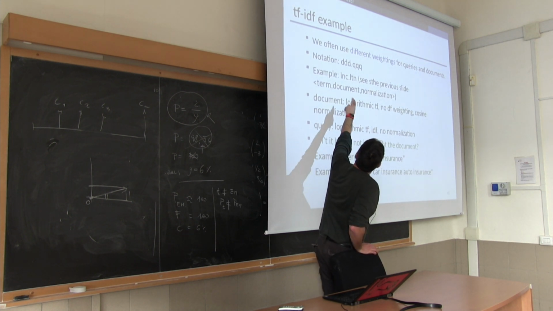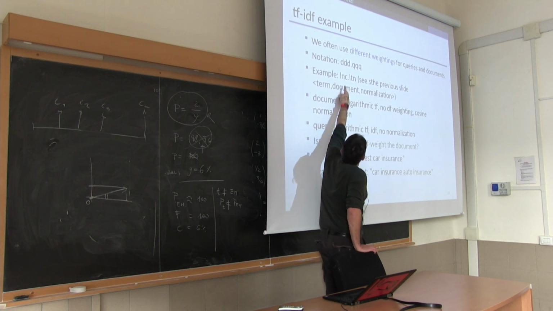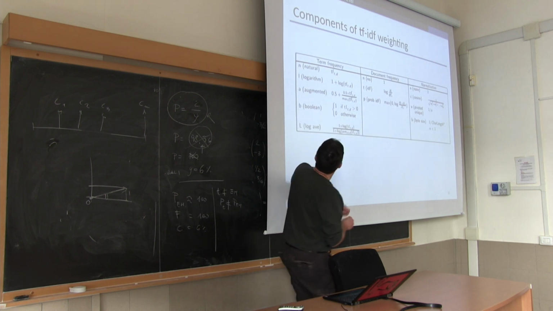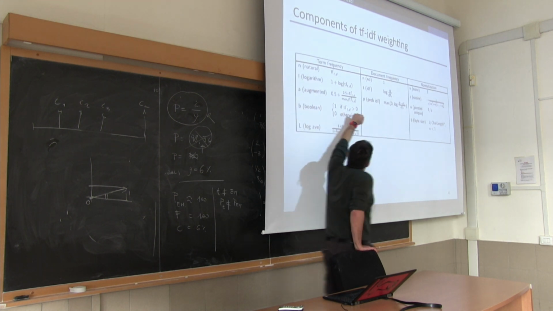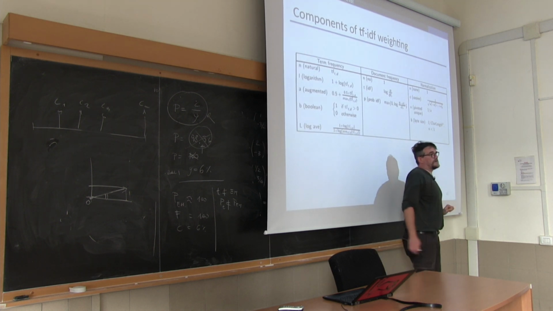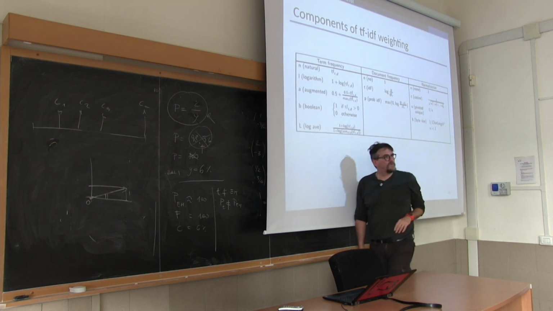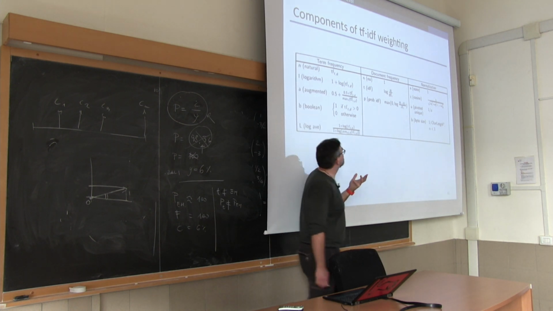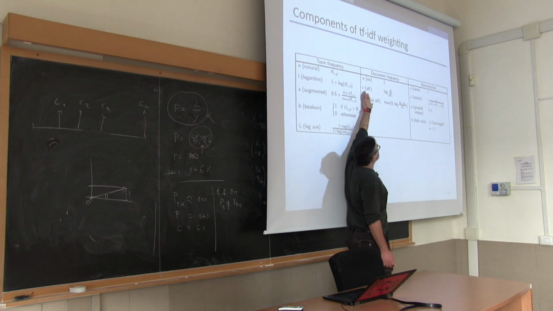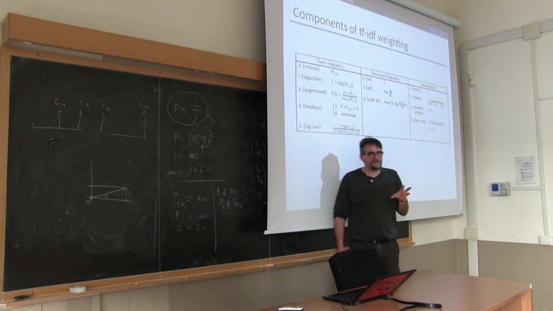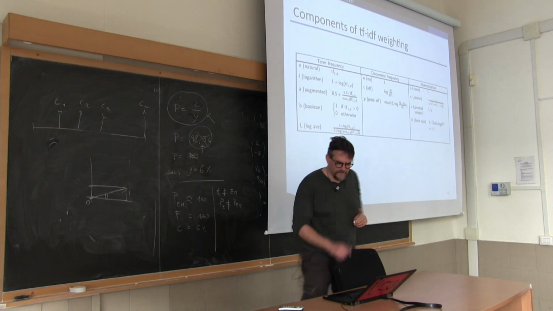So let's see this example. The LNC for the document. The L stands for logarithmic, N for no document frequency, and C for cosine normalization. This is what we do for the document. And what is strange for us is that we are not applying IDF to the document. This is a bit strange with respect to what we said before, right?